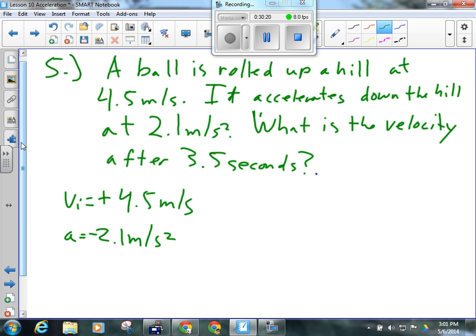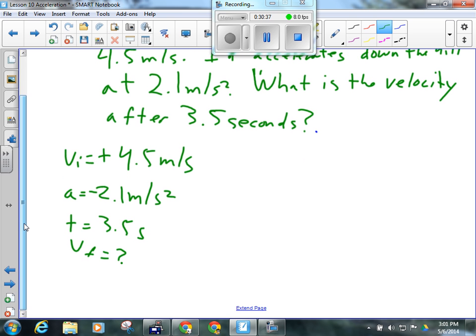Like I was saying before, what are we looking for if it's after a certain time? We're looking for VF. So VF is our question mark here. We set this up same as we did before: A equals VF minus VI over T, and we do our manipulating.